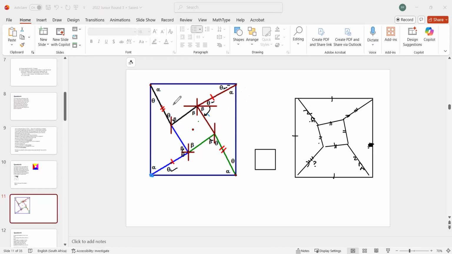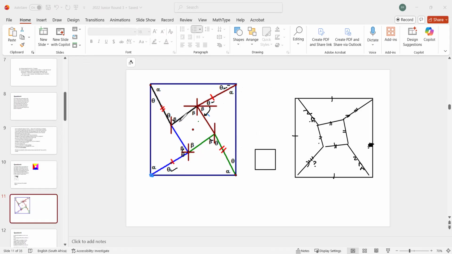Now why is this angle here also theta? Yeah, I think it's because of the congruence. Hmm. This angle here is also theta.